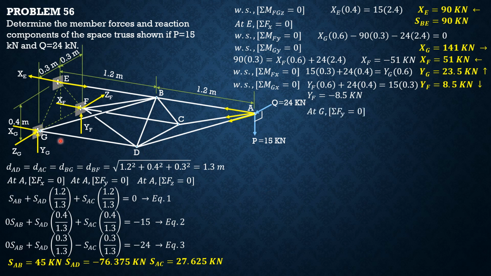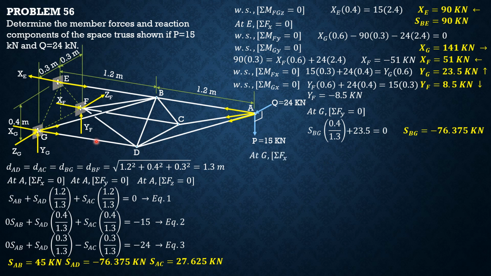So at G, summation forces y equals 0 to solve for the force in member BG. So SBG times 0.4 over 1.3. YG and SBG only will be considered in summation forces y because DG is horizontal. So SBG times 0.4 over 1.3 plus YG, which is 23.5, equals 0. So SBG is negative, or it is in compression, negative 76.375 kilonewtons.